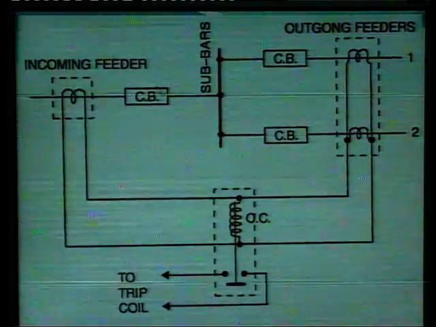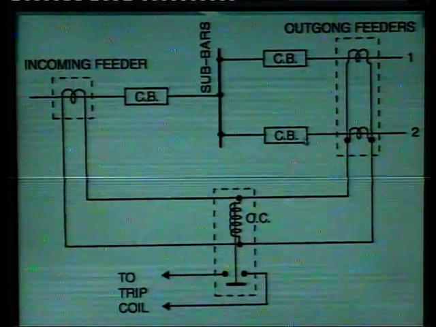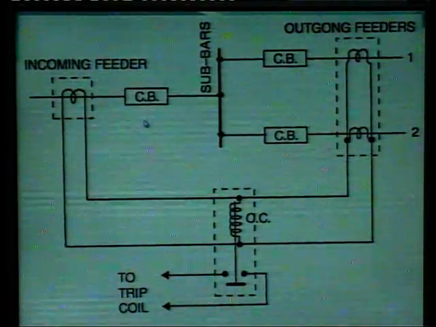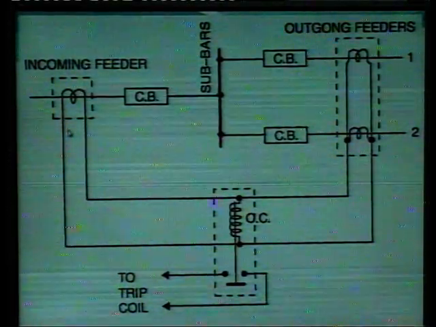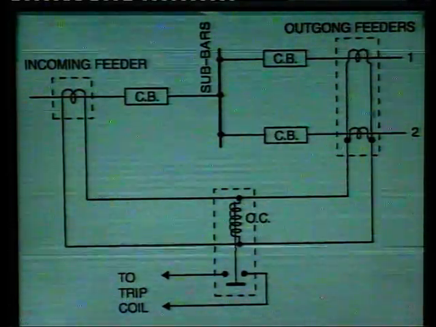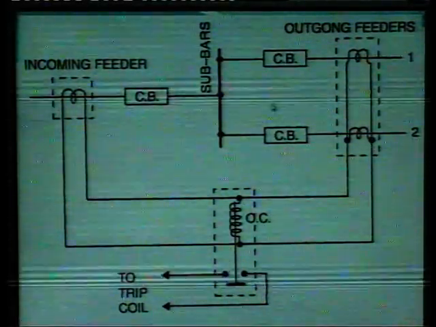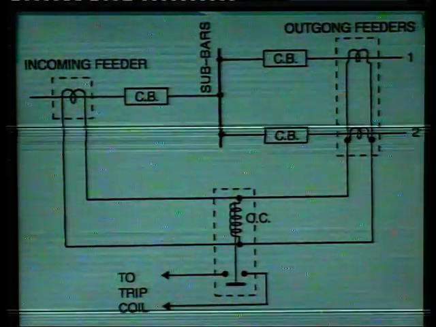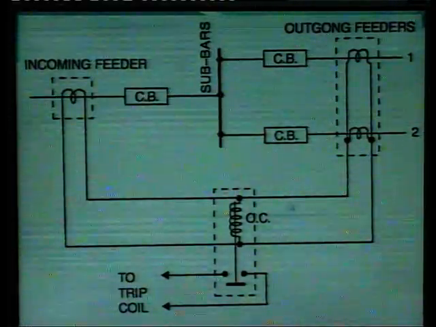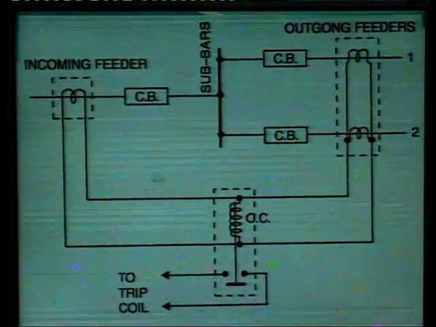So, these are the circuit breakers that we have connected. Now, for the differential protection, what is the arrangement? We have connected CTs on both sides of the circuit breakers, that is on the incoming side and the outgoing side, and their secondaries are connected in parallel.